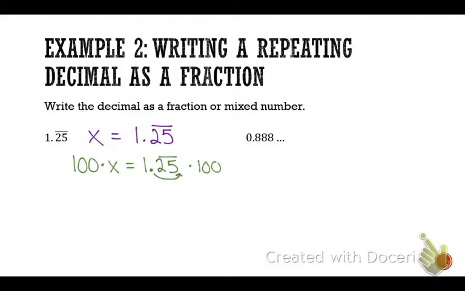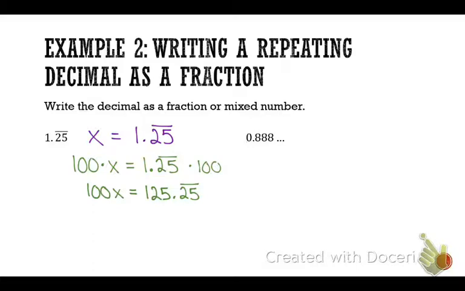We're trying to move that decimal behind those repeating digits. Doesn't mean they go away though. So 100x equals 125, but my repeating decimal is not gone yet, 0.25 repeating. Does everybody see how I got to 125? Let me explain what I just did.